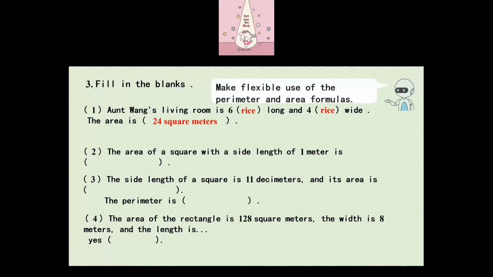So why 24 square meters? Who can answer? 6 times 4 equals 24. Yes, correct.